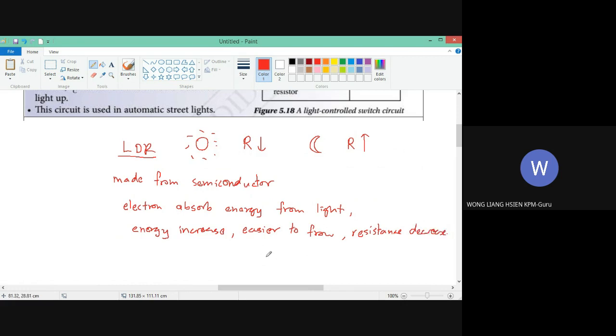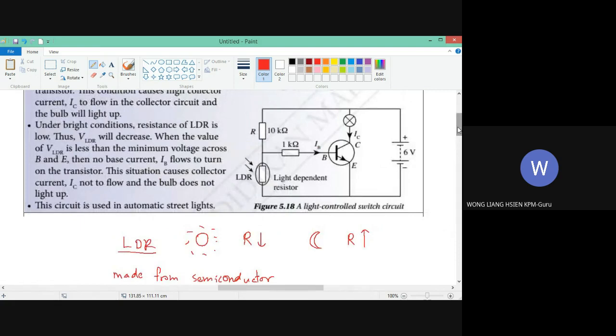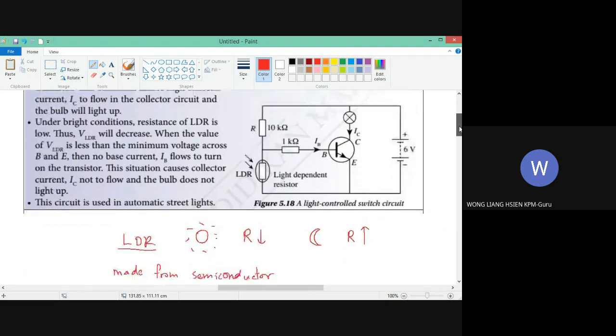So during daytime, the resistance of the LDR decreases. During nighttime, the resistance will increase. The difference in resistance is very high.